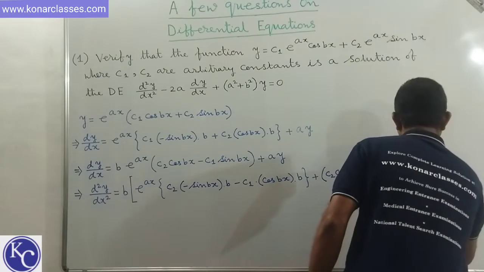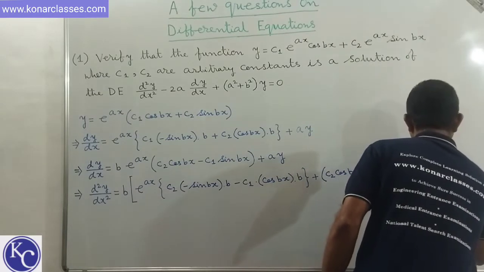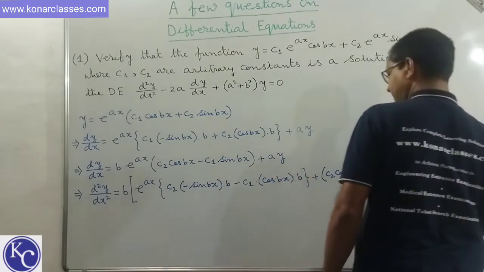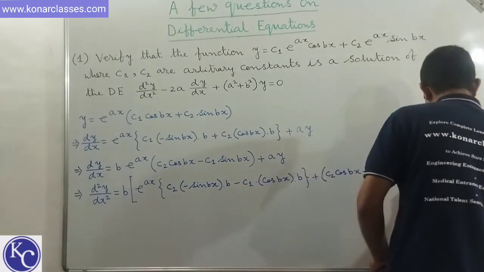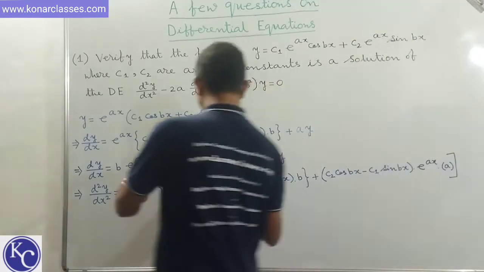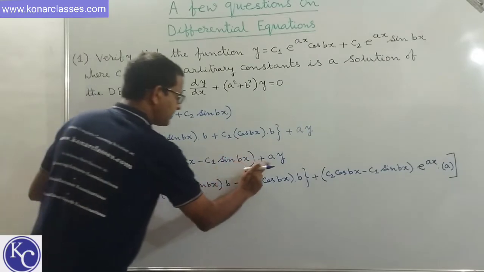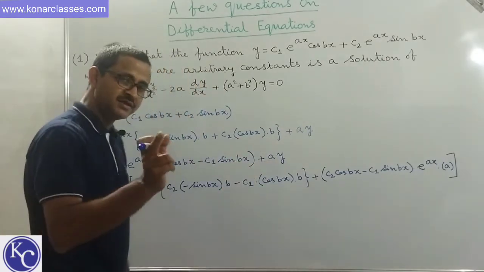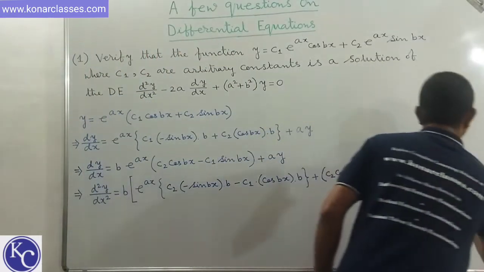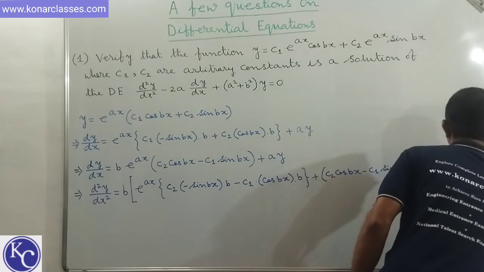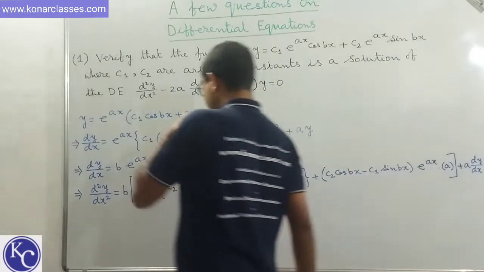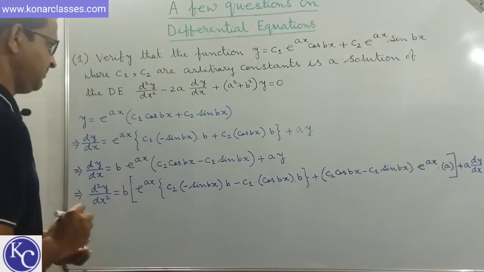That is the completion of the entire differentiation of this part. And after that, differentiation of ay is a dy dx, so we write a dy dx. Okay, now let's simplify.